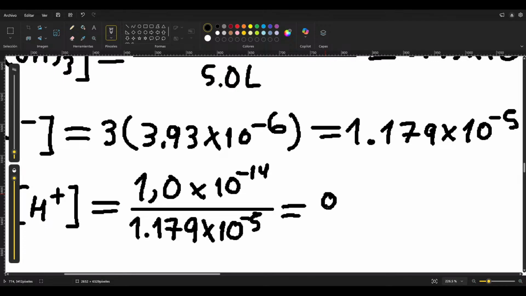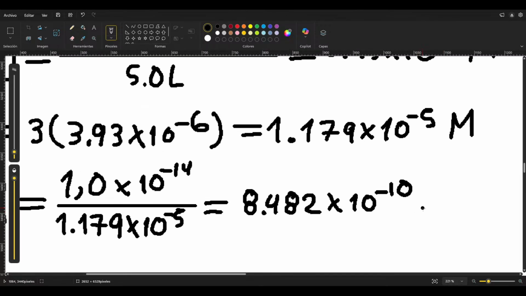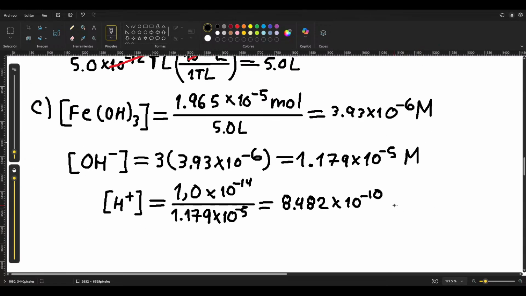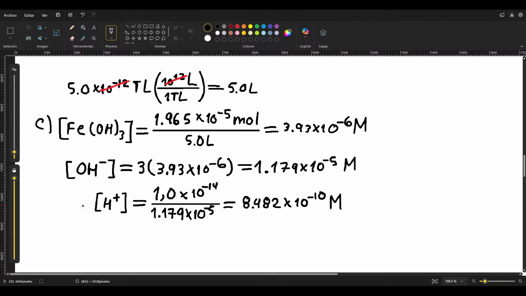So this is 8.482 times 10 to the negative 10. Specifically molal. I almost forgot.